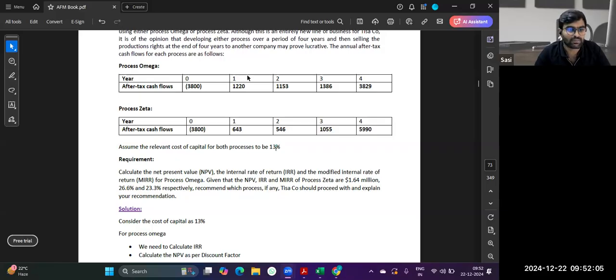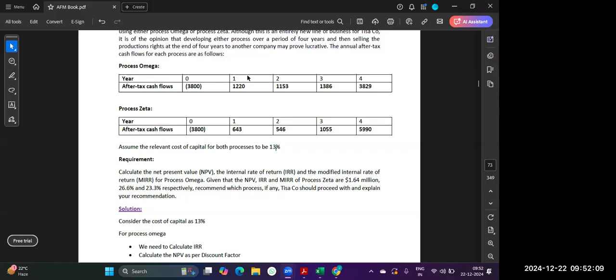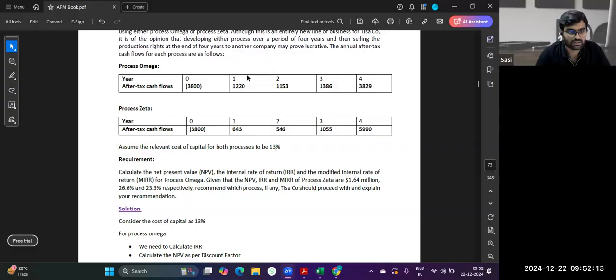Sir, I got it for MIRR Omega, 22.74%. Okay. And what about Zeta? So I have to calculate.